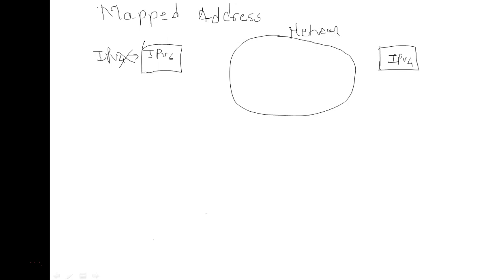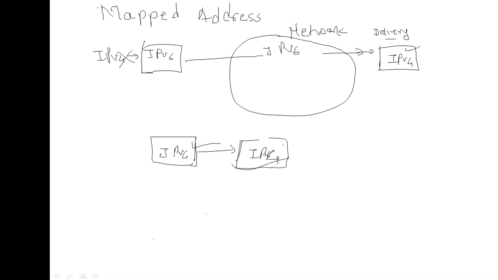In this case, through this intermediate network, the packet travels through IPv6. Now here, at the time of delivery, that packet is converted into an IPv4 address. So there is a simple mechanism that the IPv6 address is transformed into an IPv4 address.